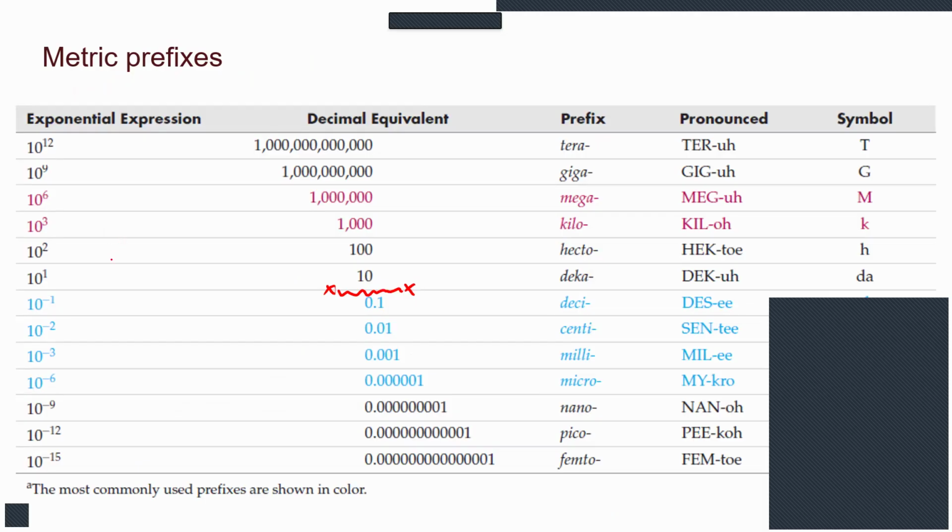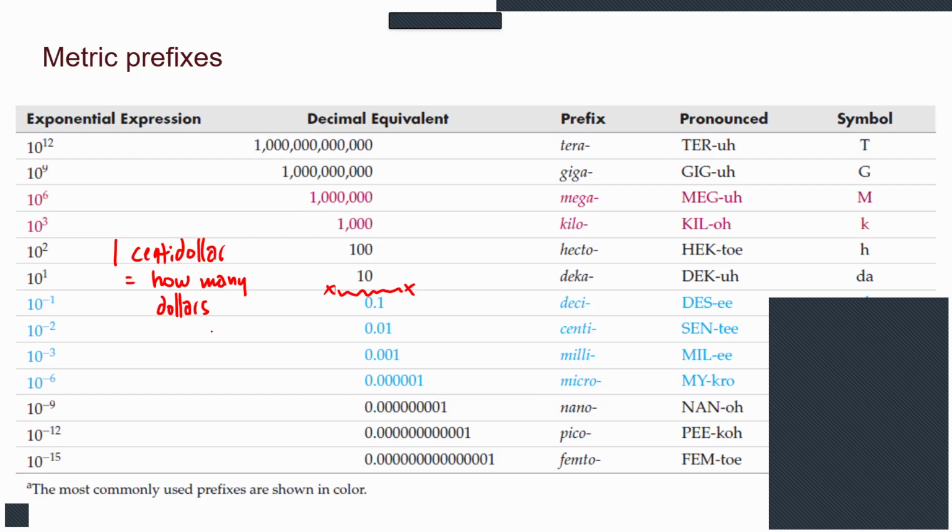So if I told you that I had 1 centidollar, how many dollars? And before you answer that, if somebody approached you and they had a single penny and they said, "Hey, I have a dollar," you'd say, "Well, no, you don't.